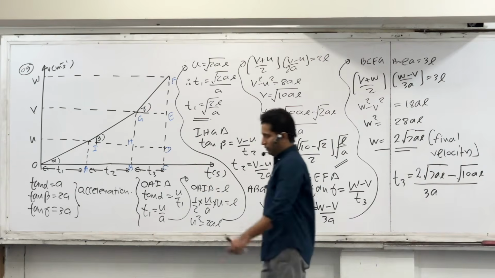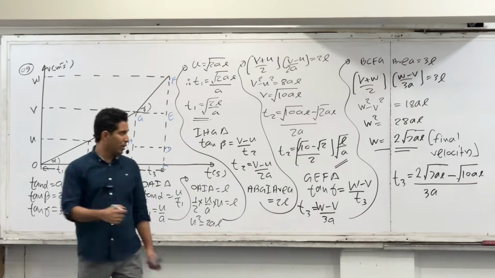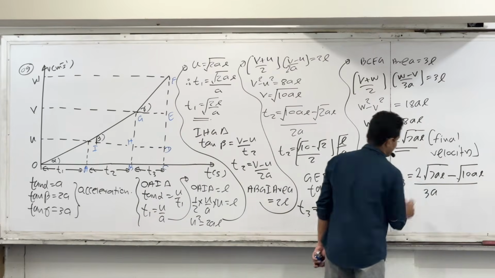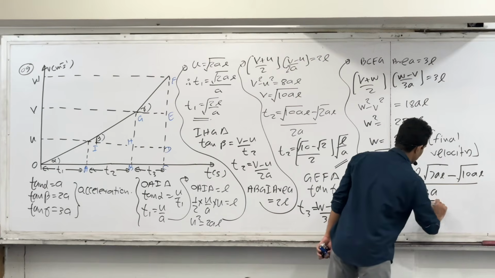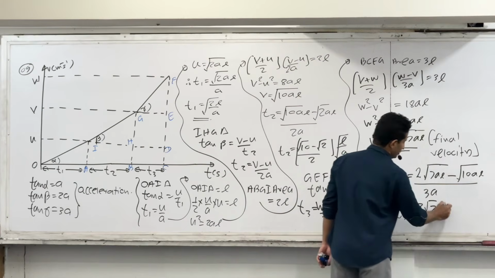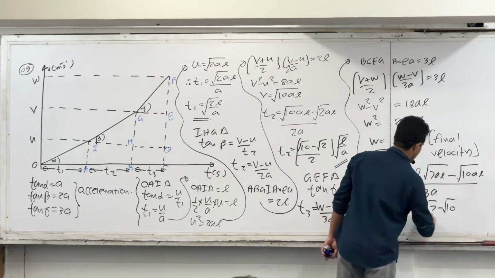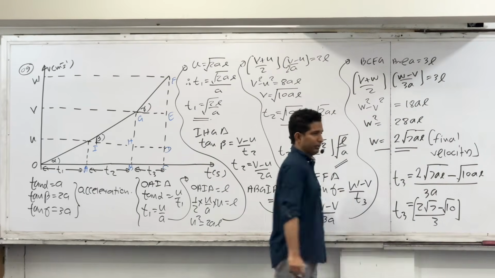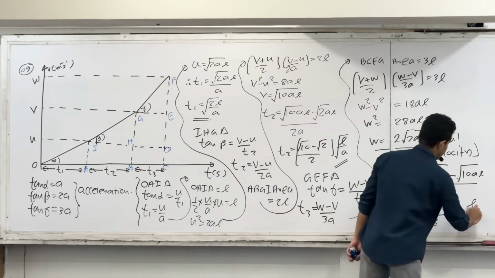Taking root AL out, T3 equals 2 root 7 minus root 10 divided by 3, times the square root of L over A.